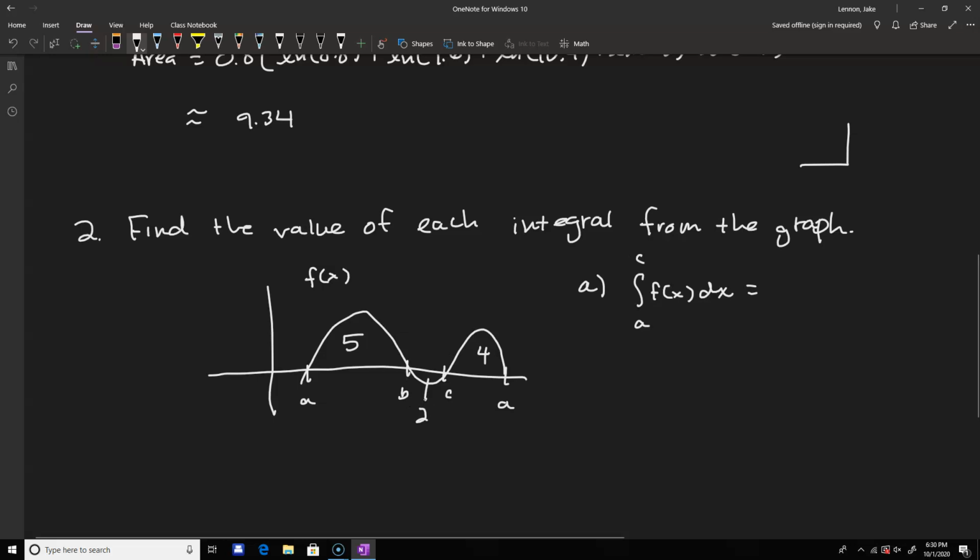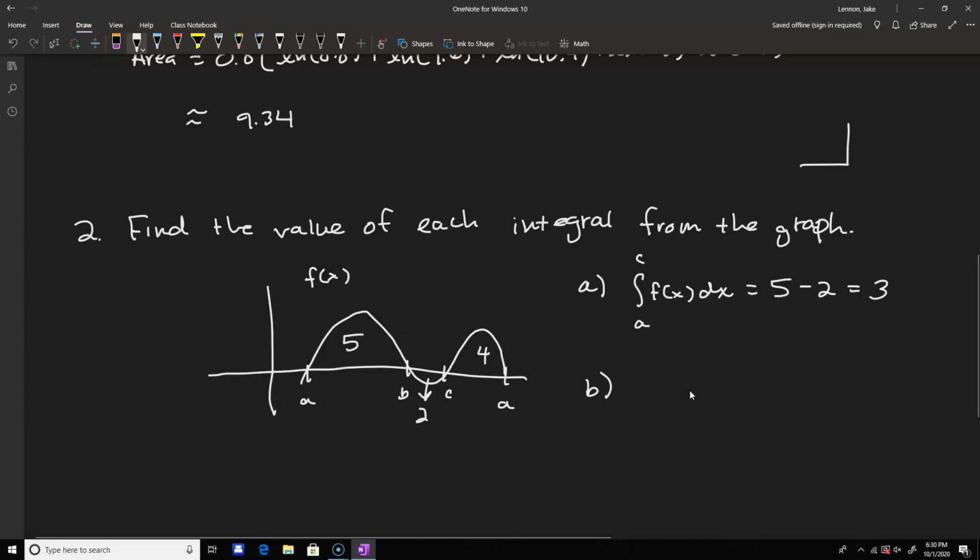So the area between b and c is 2, but it's below the x-axis. So the bottom number indicates where you start. So we're starting at A and we're finishing at C, and going from left to right. The bottom number is the starting place, and the top number is the finishing place. So that's how you know we're going from left to right. So 5 is positive in that direction, and the 2 is negative. So 5 minus 2 comes out to 3.